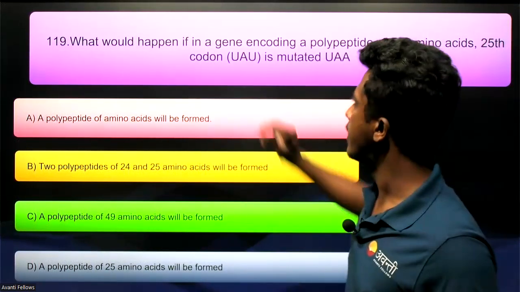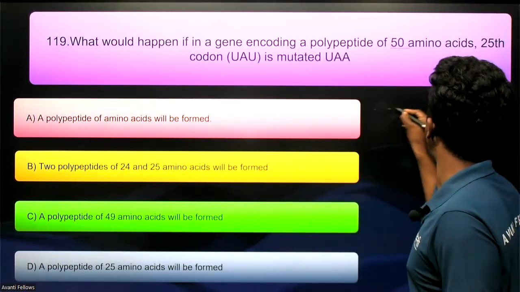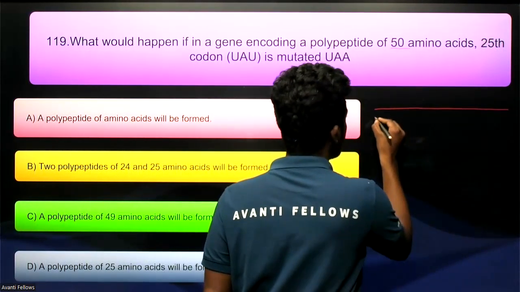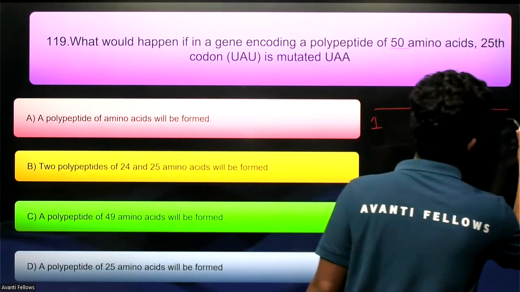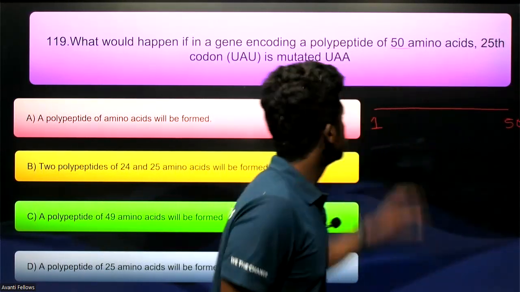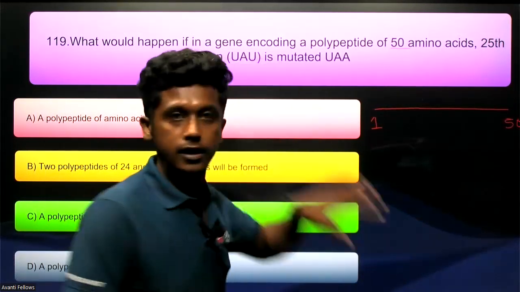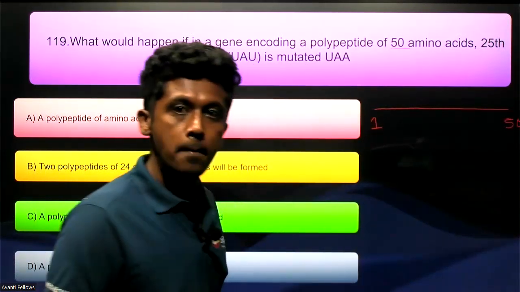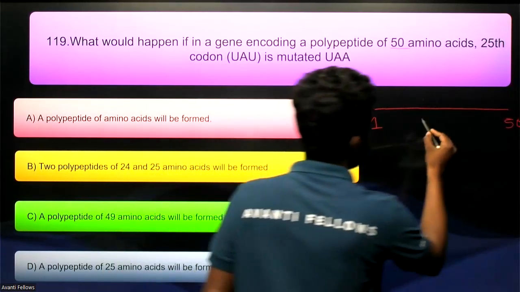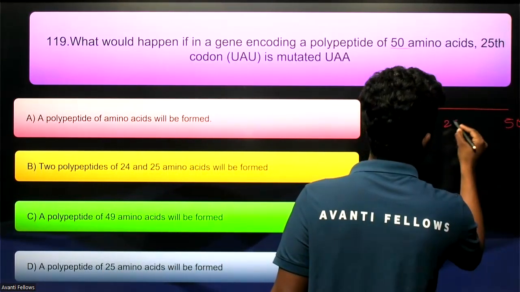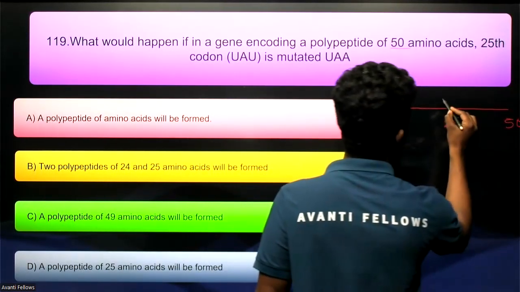So let us say that we have a polypeptide chain, and in this polypeptide chain, it starts from 1 and ends at 50. These are the number of amino acids that could be produced from a gene. Let's say it's an mRNA, and in the 25th codon, we have UAA.